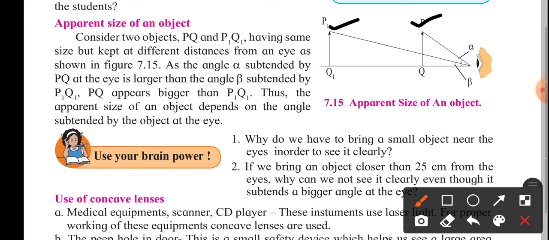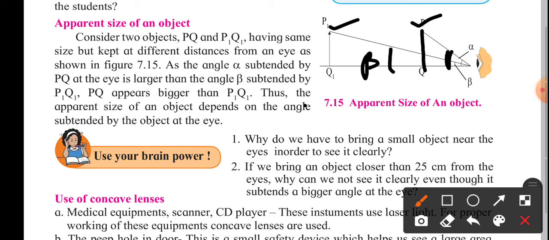So here, the size of the object which appears to us is called the apparent size, and that depends on the angle a particular object makes with the human eye. In this particular case, PQ is nearby to the eye and it makes an angle alpha, which is bigger than the angle beta that the other object subtends at the eye.